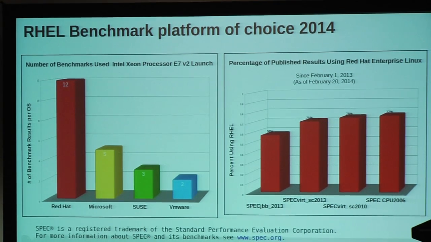And so we now enjoy, this is just the number of benchmark results that were launched when Intel did the Ivy Bridge EX versus some of the other OSs here on the left. And then some of the other workloads, literally the percentage of workloads that are using Red Hat Enterprise Linux or KVM virtualization or other Java workloads.